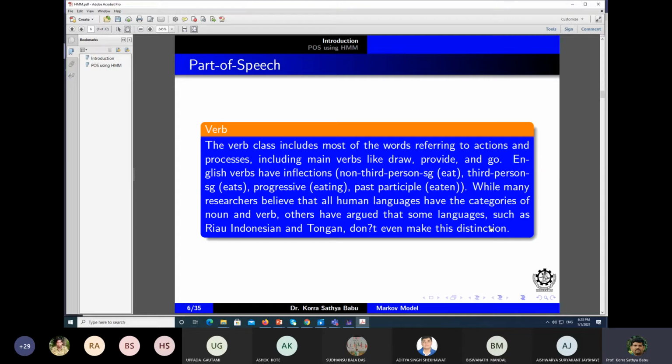Directional or locative adverbs like home, here, downhill specify the direction or location of some action, and degree adverbs like extremely, very, somewhat specify the extent of some action, process or property. Manner adverbs like slowly, slinkily, delicately describe the manner of some action or process.